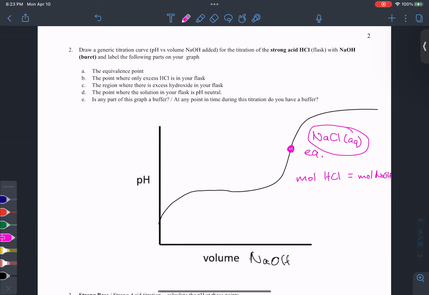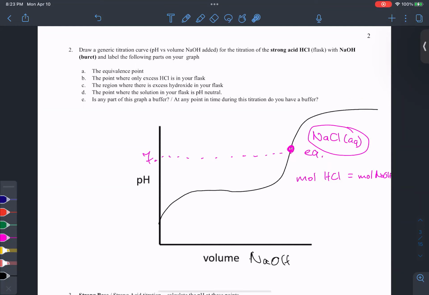We already answered this question. What is the pH of NaCl aqueous? 7, yeah, so on this titration curve, the pH will be 7 at the equivalence point, but only for this titration curve, because it's a strong acid, strong base titration. So we can reference ourselves to that. NaCl, the equivalence point is 7.